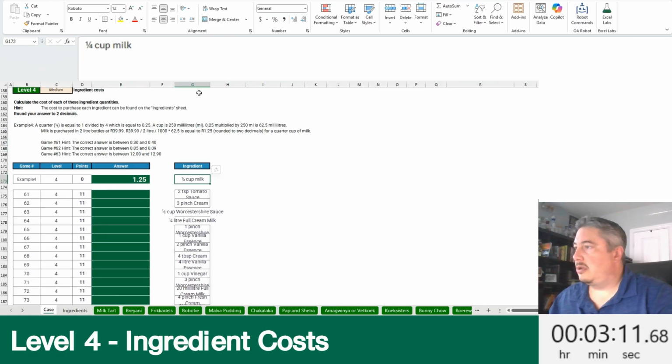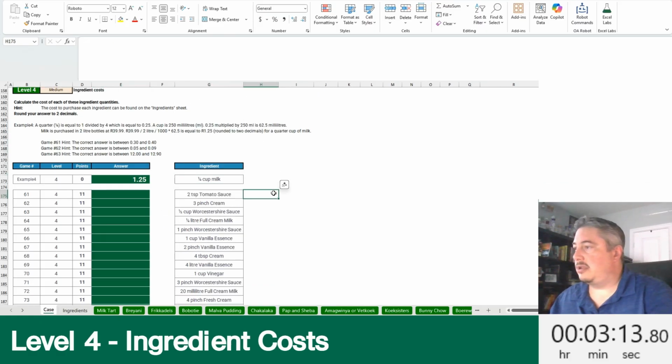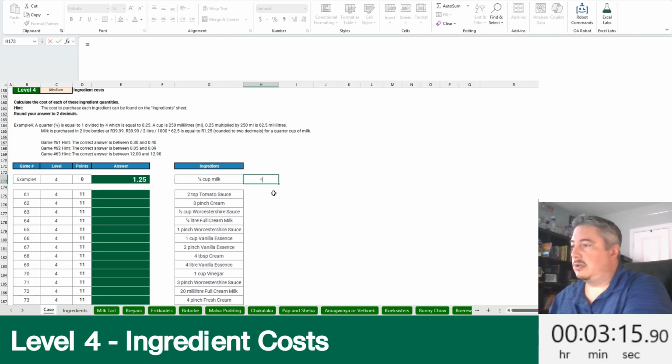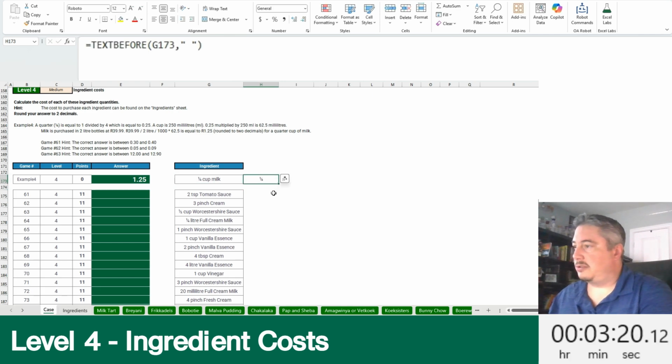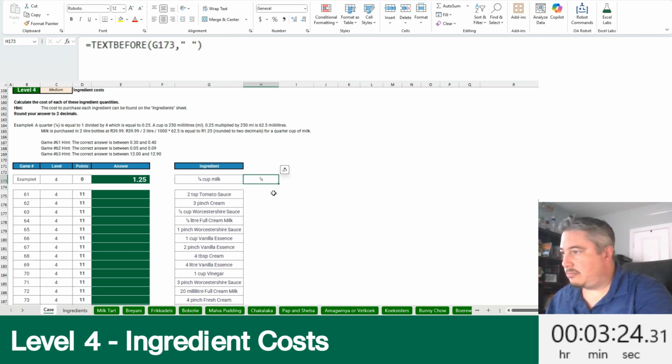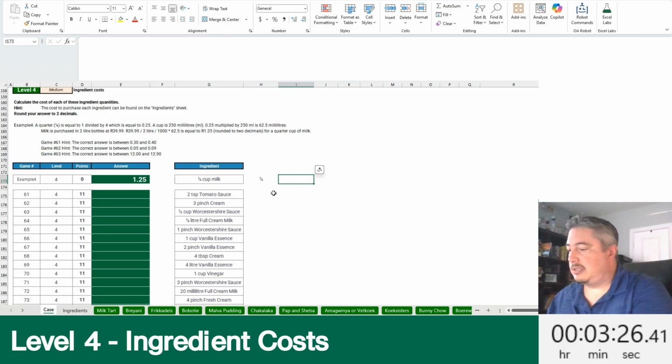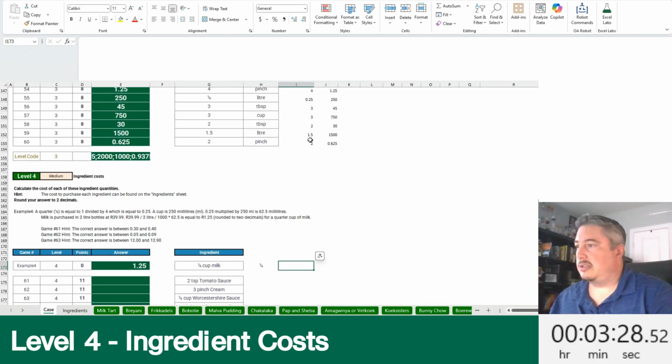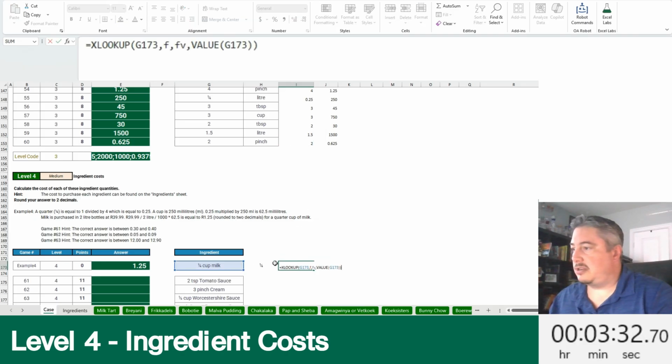Alright, let's make it bigger again. So we want 4. We usually do like a text split, but some of the ingredients have multiple words in them, so we've got to be careful about that. Let's just apply this same logic down here.